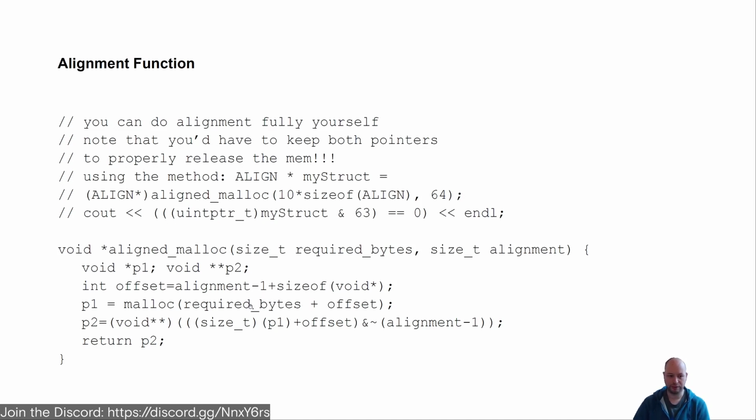And so to go through this bottom function, this aligned malloc function will figure out the required bytes. If you give it the required bytes and the alignment, you have these 2 pointers. Your offset is going to be the alignment minus 1 plus the size of a void pointer. Then you're going to malloc the required bytes plus the offset, which is the potential amount by which you might have to sway your memory location.